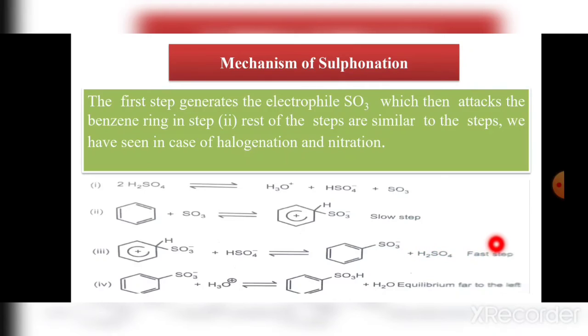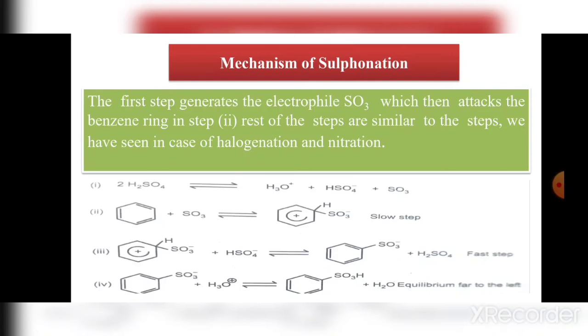In the third step, protonation, plus H3O plus, the SO3 minus will abstract this proton, and we get benzene containing SO3H, that means benzene sulfonic acid, plus a water molecule, H2O.